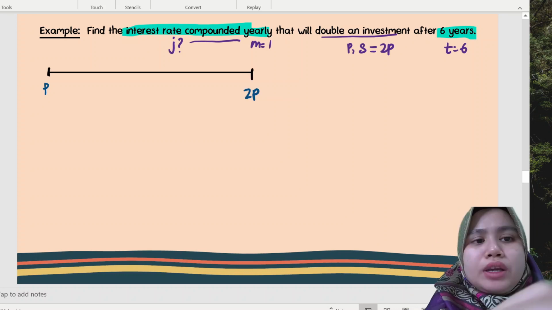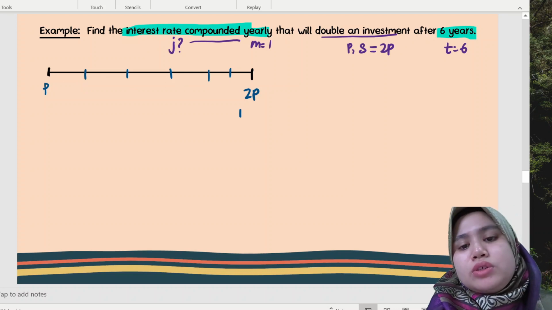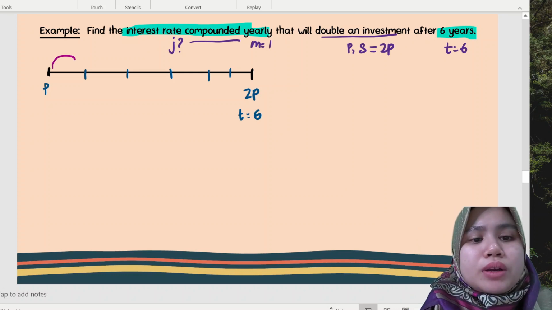You have 6 years, that means 1, 2, 3, 4, 5, 6. For your M equal to 1, that means it happens once only.